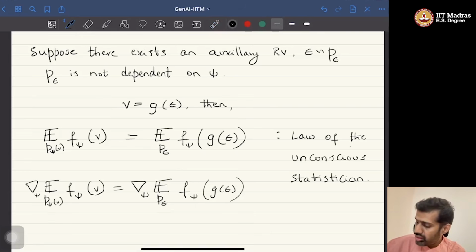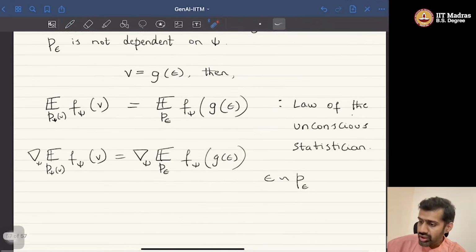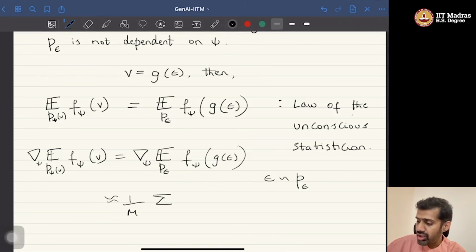Now the epsilon is sampled from p epsilon, which has no dependence on the parameters with respect to which we are taking the gradients. Now this can be approximated in terms of sample average. So we just take the usual law of large numbers, and this can be written as a sum over j equal to 1 through m.